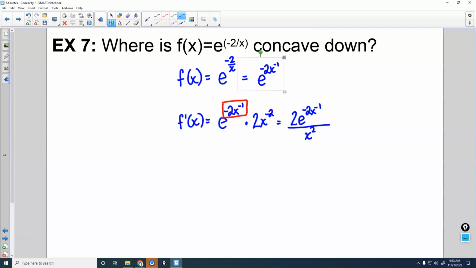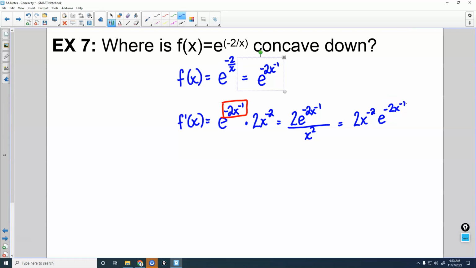Really, it just depends whether you want to do product rule or quotient rule. You could leave it with negative exponents there. Maybe I just want negative exponents. What do you guys think? We can do a quotient rule like this, or I could have written it like this, just 2x to the negative 2 e to the negative 2x to the negative 1, and do product rule.